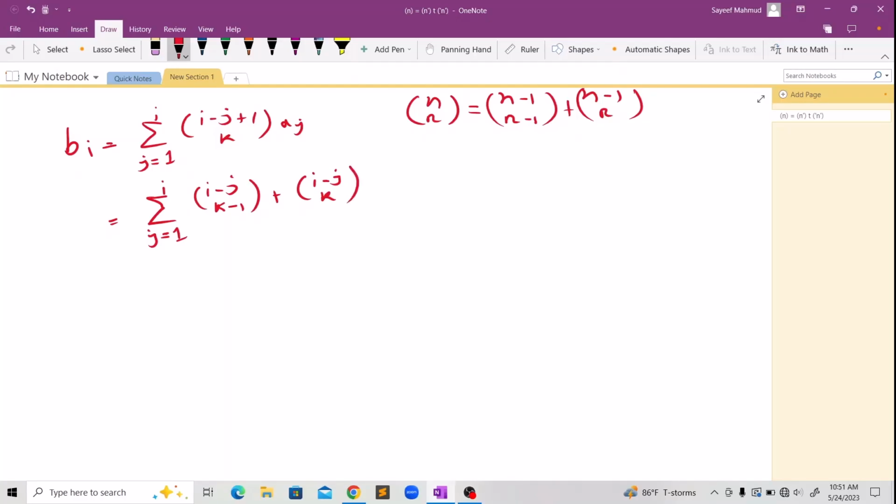This is how we can simplify this part, and aj is multiplied with both of them, so we will write aj here, and this sum is independent for these two parts. So, this sum can also be taken for these two parts.